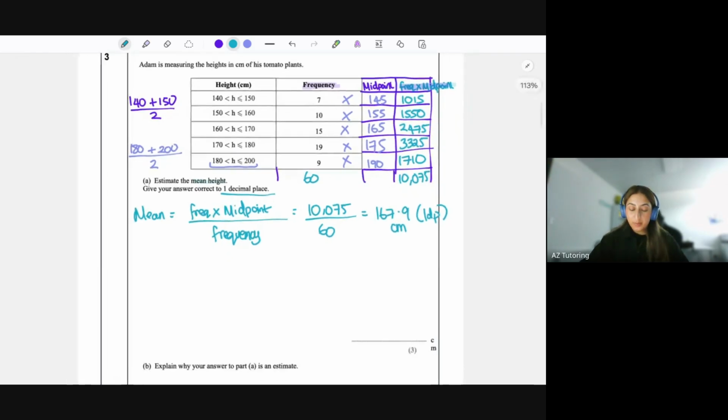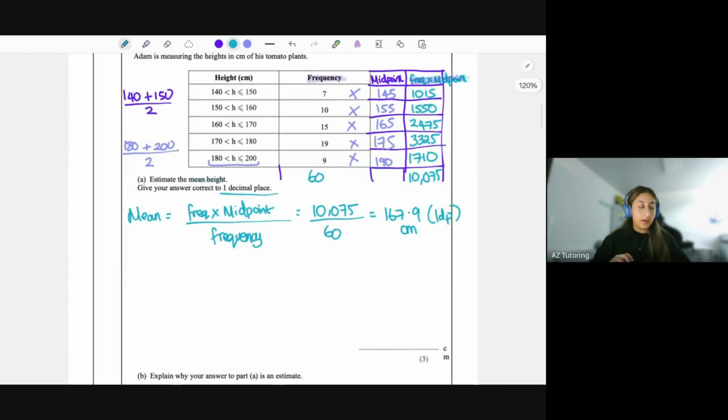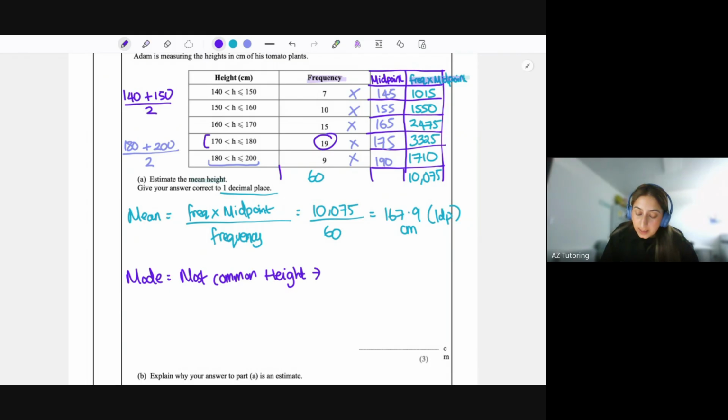And on the topic of this, let's just quickly go over how you calculate the other averages. The mode is the most common height. If you look at it, the most common frequency is 19, and 19 lies within this height, 170 to 180.